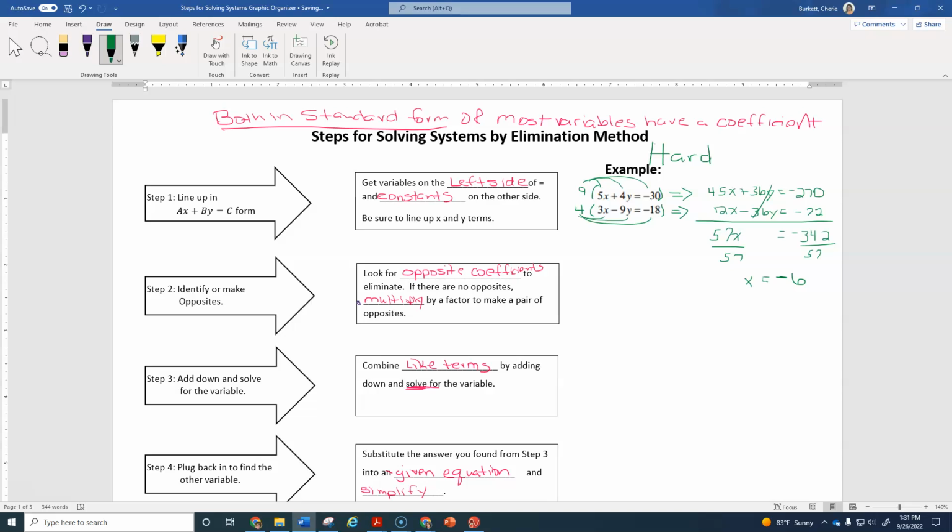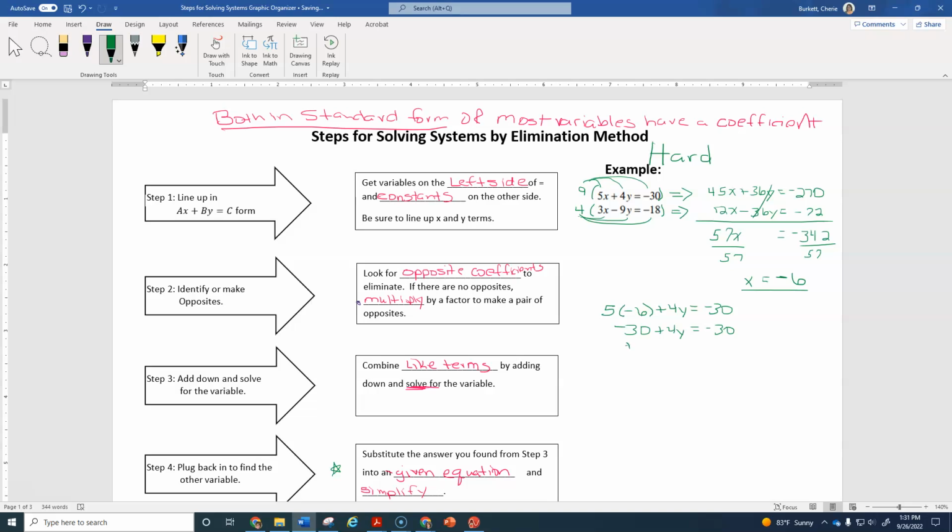And we know what to do for step number 4. Step number 4 says to take the negative 6 that we solved for x and plug it into one of the original equations. I always use an original equation. So 5 times negative 6 plus 4y is equal to negative 30. And now solve for y. 5 times negative 6 is negative 30.